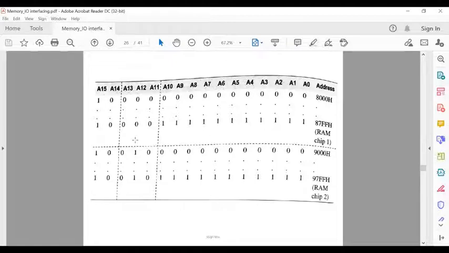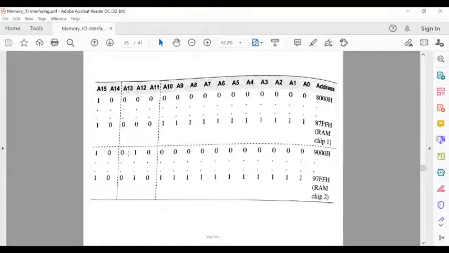Then for the second RAM chip, the starting address was given as 9000. So write it down in binary form: 1001 means 9, 0000 means 0, in this way. This separation line has already been made. So take this from all zeros to all ones. This can be varied from all zeros to all ones. The remaining will be the same as in the initial condition for RAM 2.